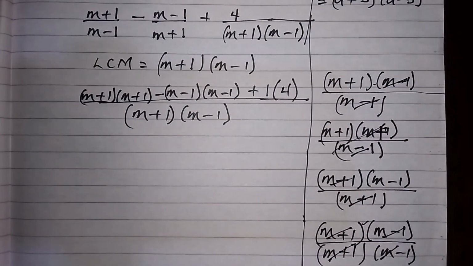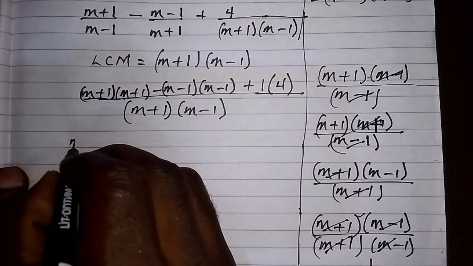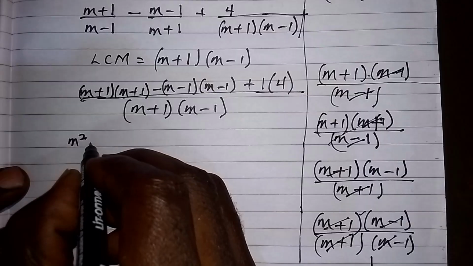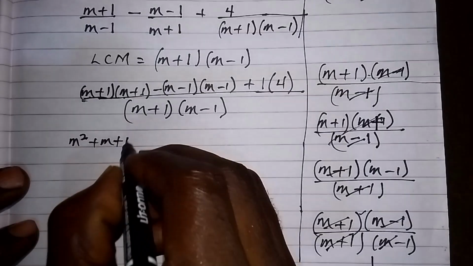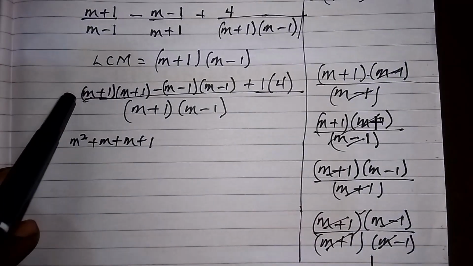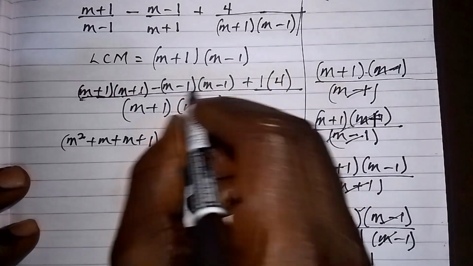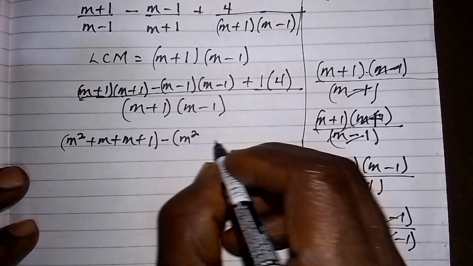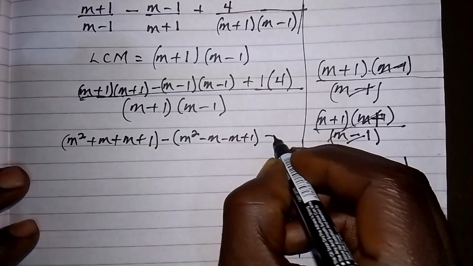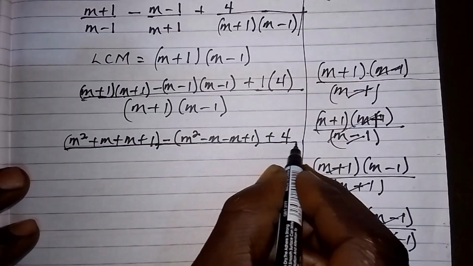Let us expand to take out the brackets here. m times m will give us m squared. m times 1 gives m, plus another m, plus 1. We are done with this bracket. So minus, m times m is m squared again, minus m minus m, plus 1, plus 4. These identities here are what we call perfect squares.